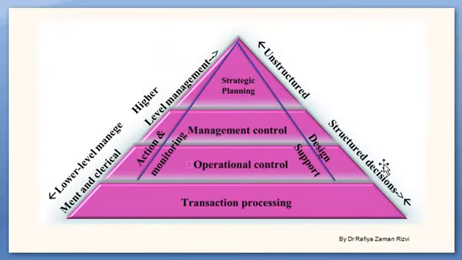Then this diagram shows the decision making structure. There are four levels or the four components at various levels in an organization depending on the hierarchical structure. So the top represents the higher level management, the lower part represents the lower level management.